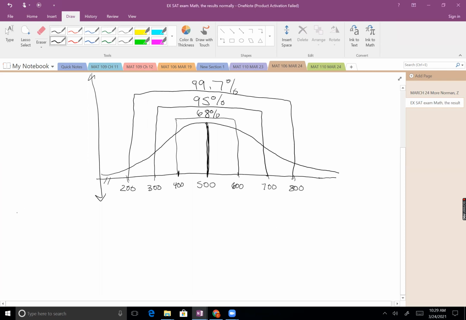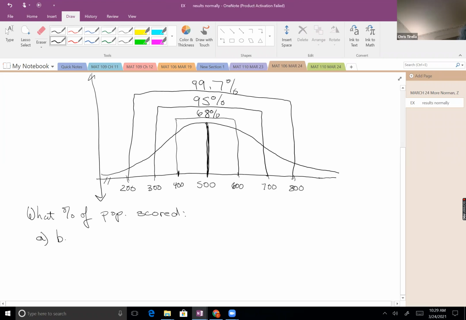And so, has everybody got their picture drawn? Is everybody all right with that? Yeah. Then our questions are all going to ask what percent of the population scored, and we'll have a whole bunch of them.